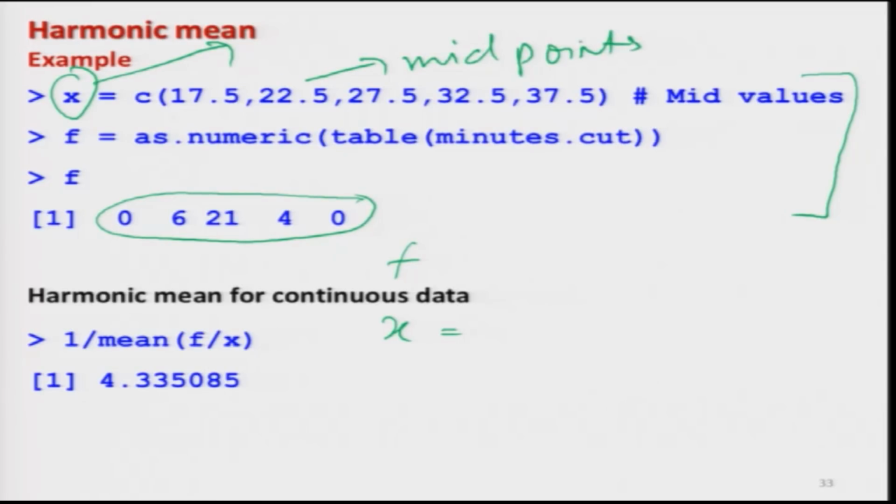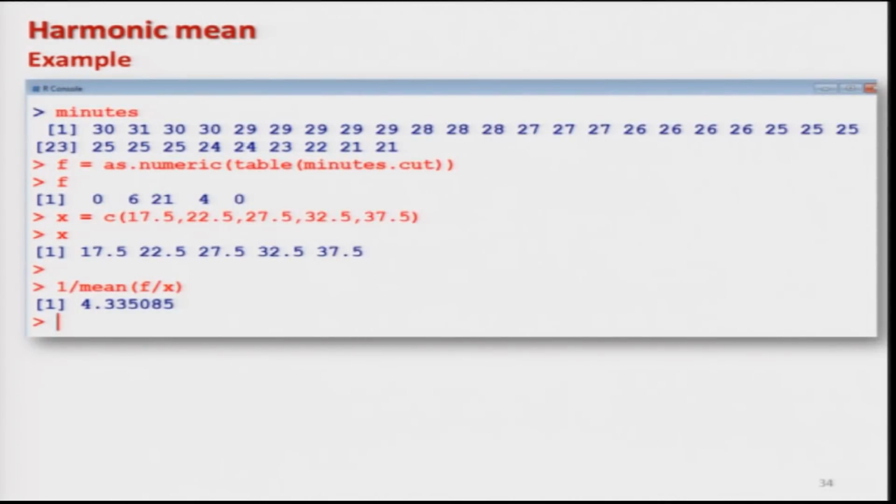This is what you have to keep in mind: in this case the xi's are the midpoints. If you execute this command, 1 upon mean of f upon x, you will get this value here. These things are not very difficult to obtain. You can see the screenshot of the same thing here.